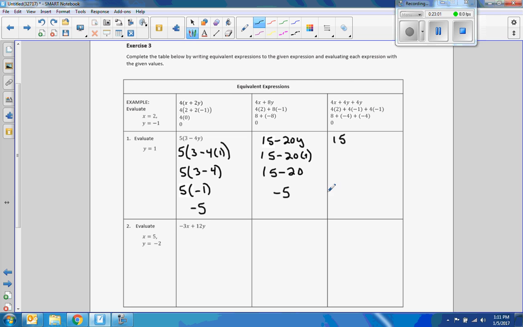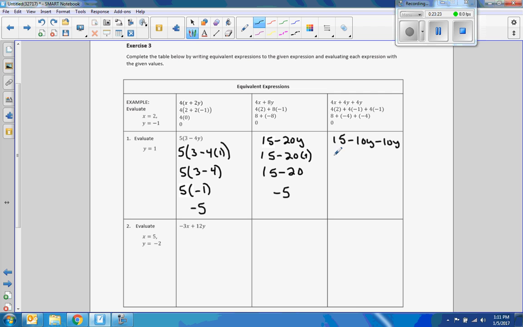Okay. So if I did it with this, it'd be 15 minus 10y minus 10y. Okay. Because 5 times 4y is 20y, and they're just showing 2 sets of y's, so that's what they wanted us to do. So this is the same as this. Minus 20y is the same as minus 10y minus 10y.